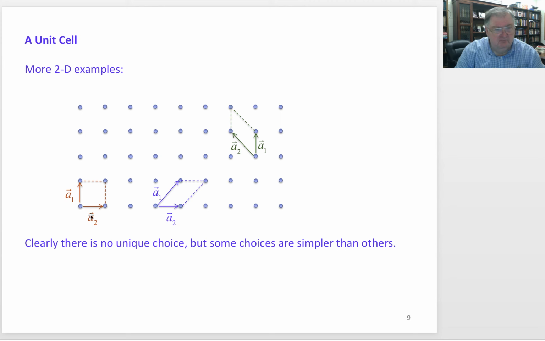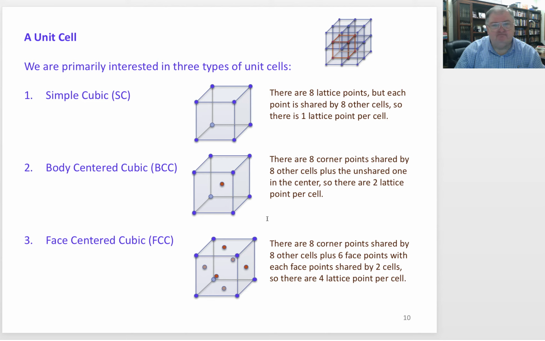Here's one example. Here's another example. Here's another example. Any of these are valid because, again, as you move from point to point, you fill up the lattice with these vectors. But of course, like with everything, some choices are simpler than others, right?